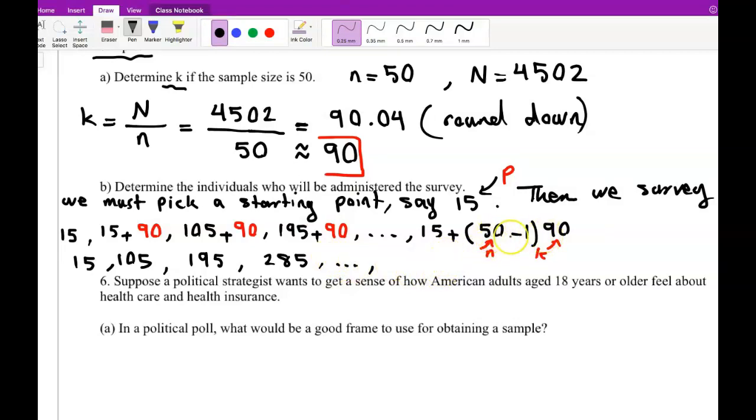Here 49 multiplied by 90 plus 15 is 4,425.